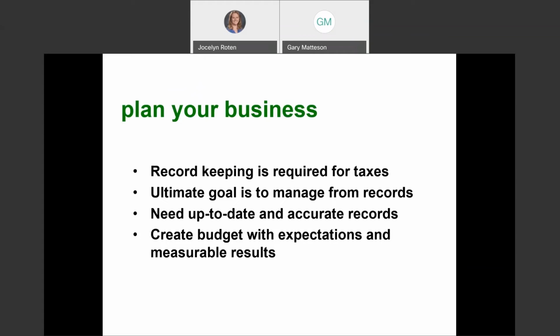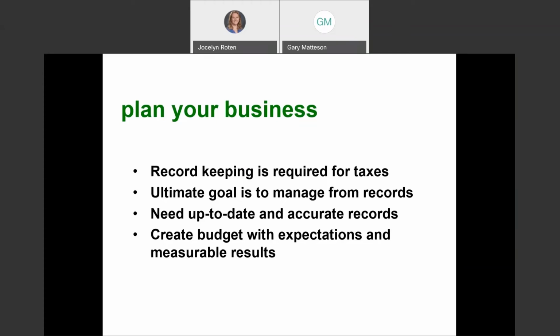The record keeping that you have to do is really the most important record keeping is that which you are going to use to manage your business, right? That cash flow budget that I've been talking about is probably the single most important thing that you'll use to manage your business. But of course, you have to keep records for tax purposes. Records for tax purposes are going to look a little different.